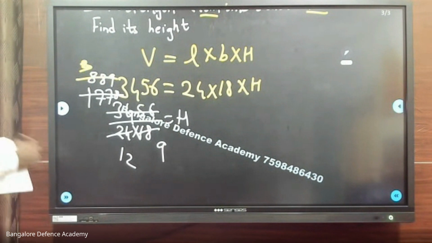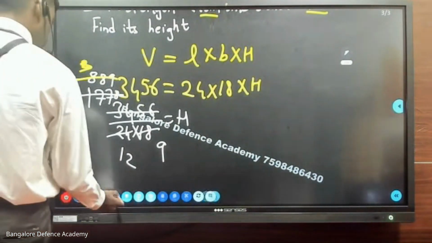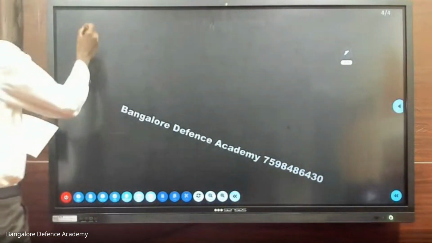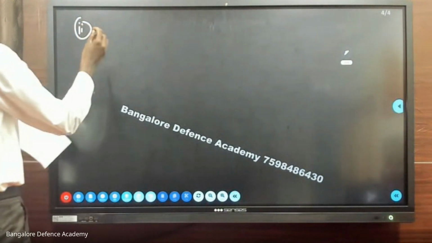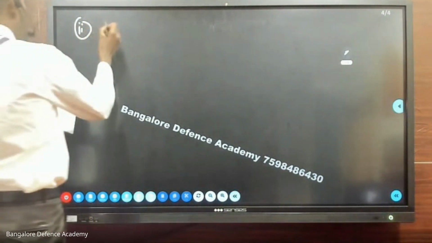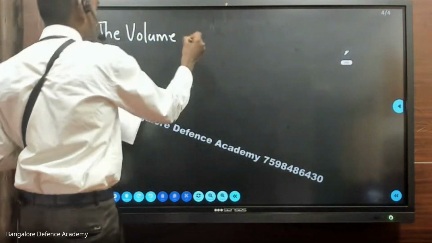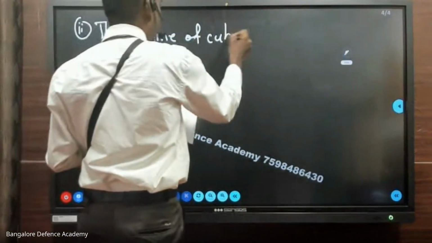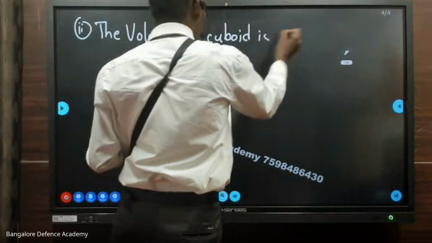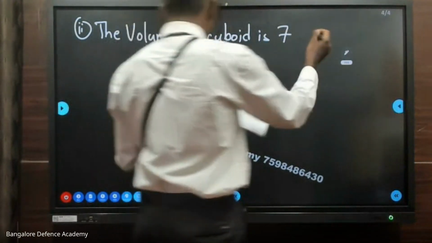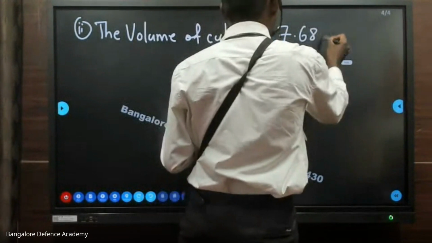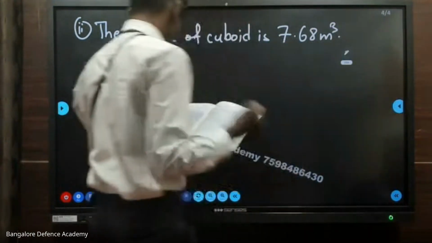Next question. Take down question number 2. The volume of cuboid is 7.68 meter cube.